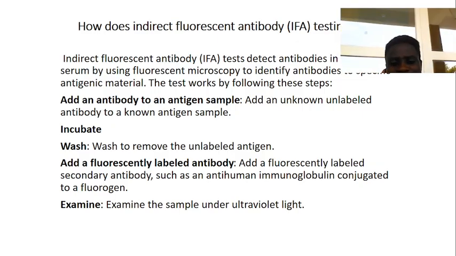Third is washing to remove the unlabeled antigens. The unbound antigens are washed out, leaving the antigen that is linked with antibodies. Then comes the addition of fluorescent dye-labeled antibodies. This second reagent, such as antihuman globulin, is conjugated with fluorogens.